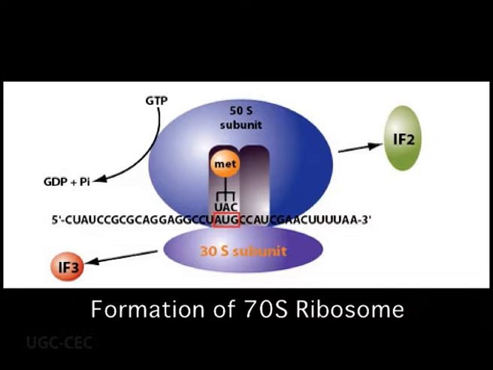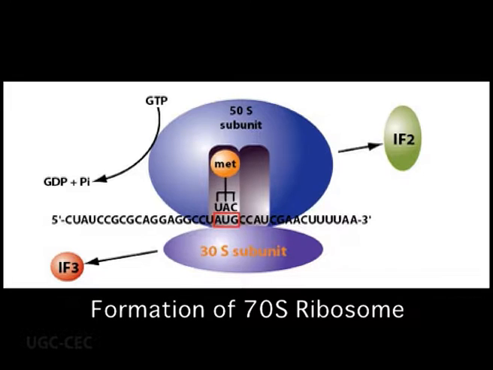Once this conversion takes place, IF2-GDP loses its affinity towards the ribosome, and it releases the ribosome along with initiation factor 1.